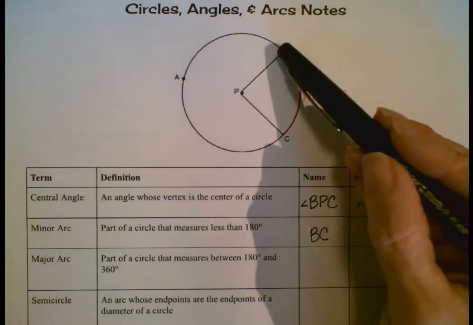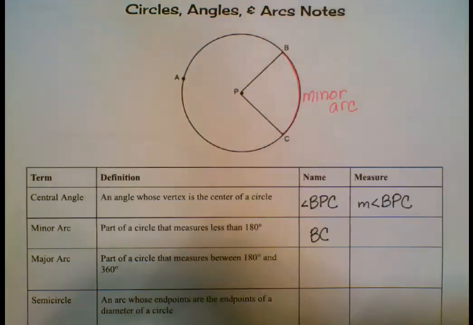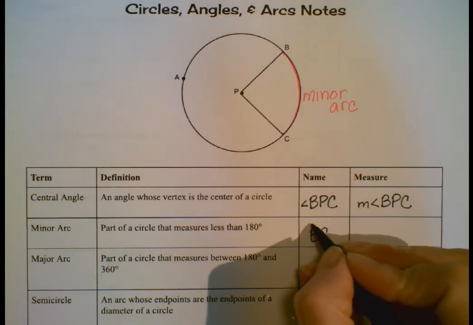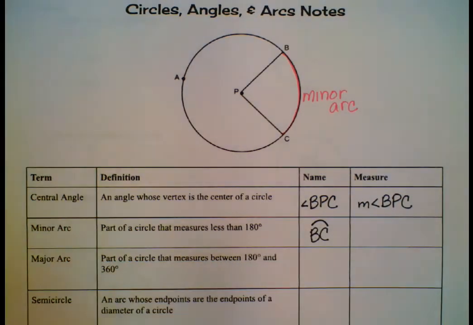To indicate that this is a curved portion of a circle, that it's an arc, we draw it as such. We draw a little curve above the two letters. And that's what indicates to me that it is an arc, first of all, connecting points B and C. And because there are only two letters there, I can tell that this is a minor arc, meaning its measure is less than 180 degrees.